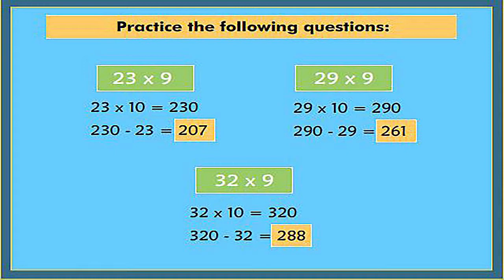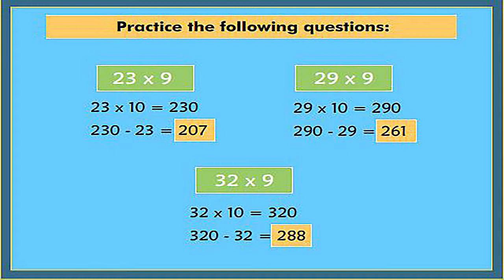For 23 times 9, we can get the answer by 230 minus 23 equals 207. 29 times 9 will be 290 minus 29 equals 261. 32 times 9 will be 320 minus 32 equals 288.